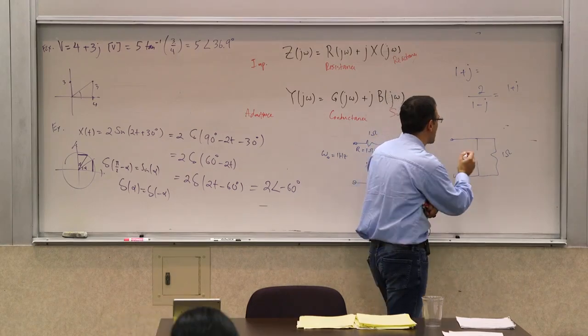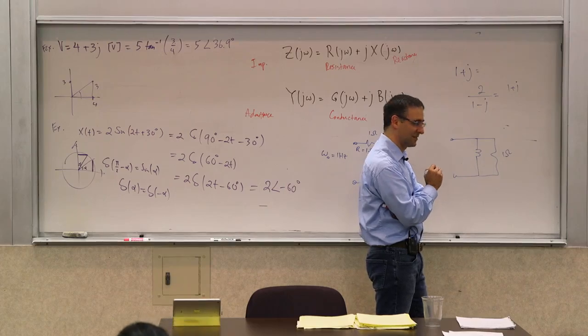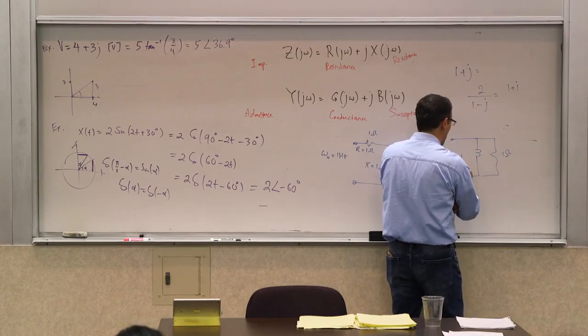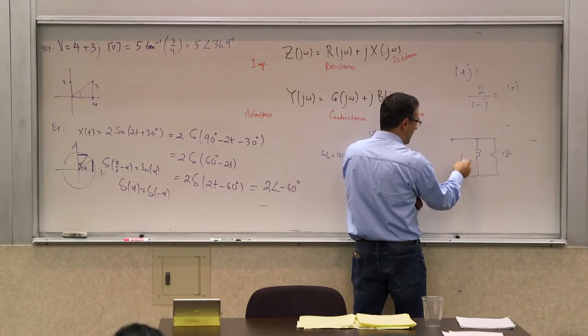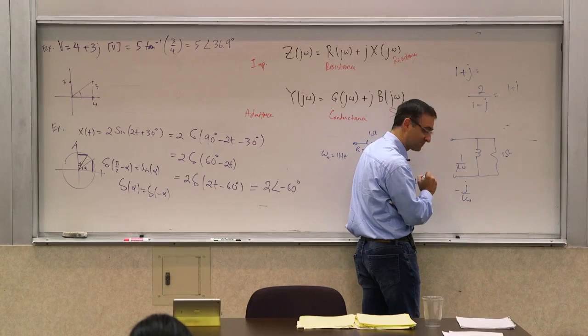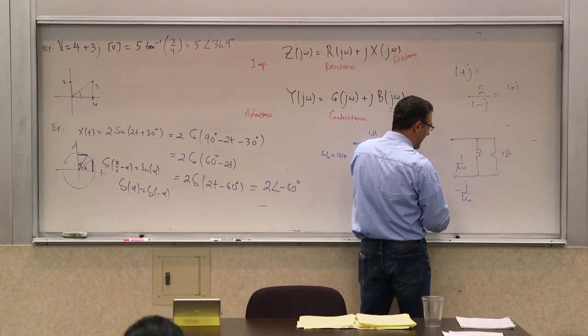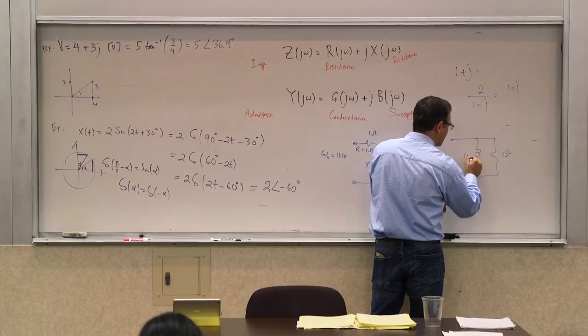Do I have a choice? If I make it an inductor, then what does it look like? Correct. The admittance would be 1 over L j omega, and therefore it becomes negative j over L omega. And I can choose the L so that this gives me that. So I can basically make this a 1 Henry.